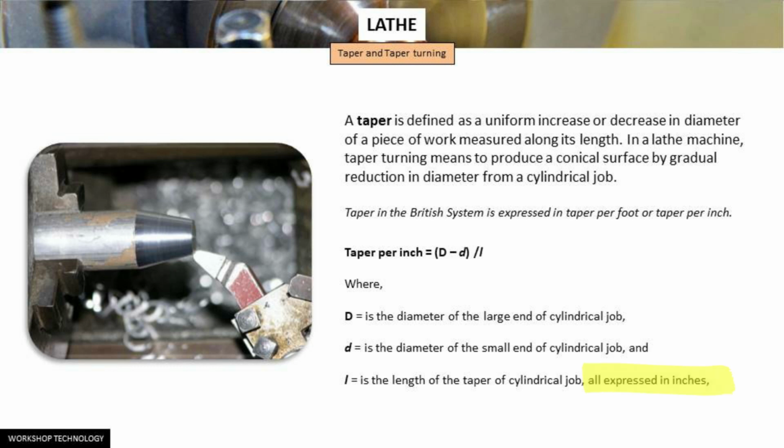And these all are expressed in inches as per the British system. When the taper is expressed in taper per foot, the length of the taper is expressed in feet, but the diameters are expressed in inches.